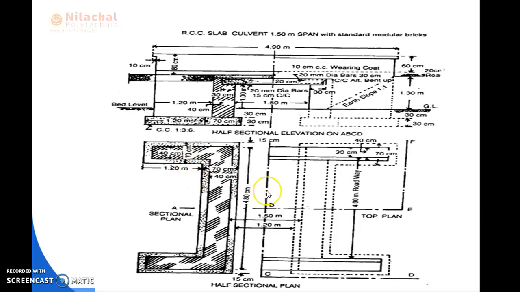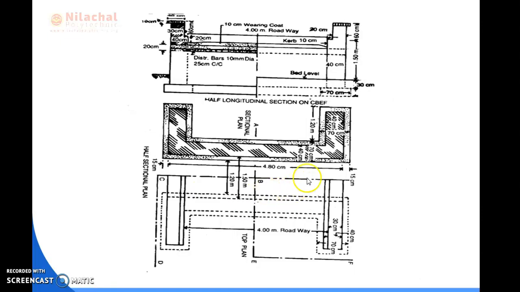Then in the longitudinal section CVEF, we cut the wing wall section. So the breadth and height of the wing wall we can define from this part, and you can also use this part to define the breadth and height of the wing wall.